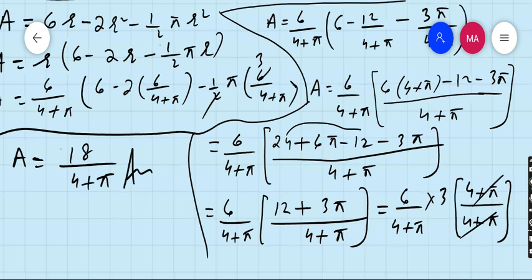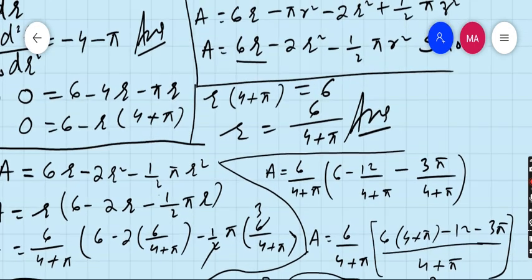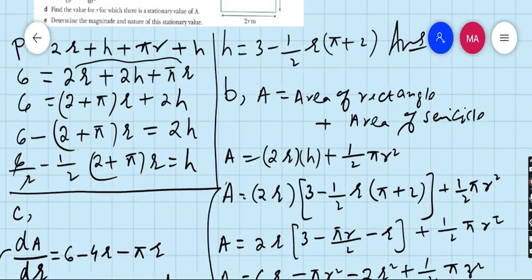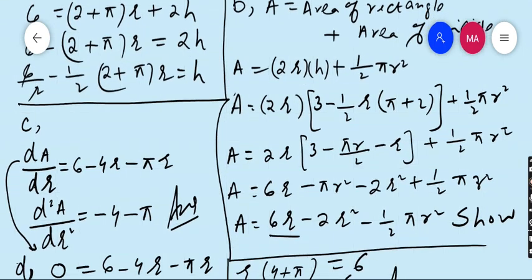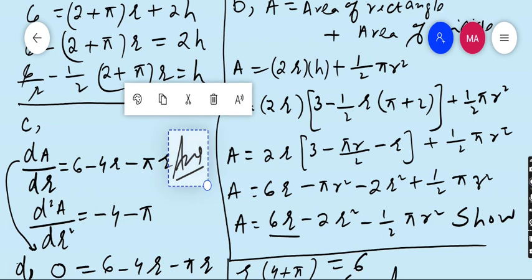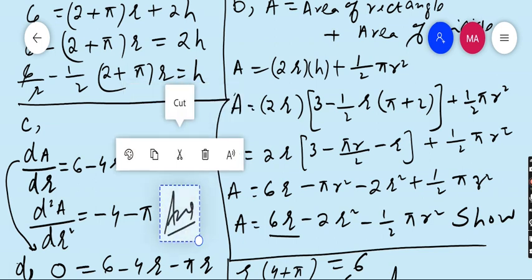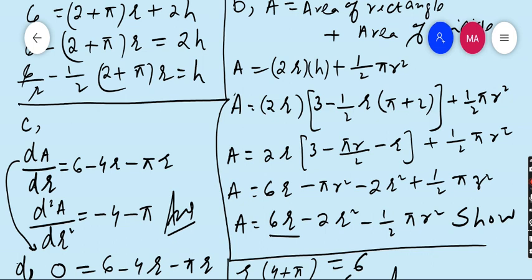What was the question? I want to show the whole question again. Determine the magnitude and nature of this stationary point. So we have found the magnitude of a, that is 18 upon 4 plus pi, and the nature comes from the second derivative. See this carefully. In part C, the second derivative is negative.